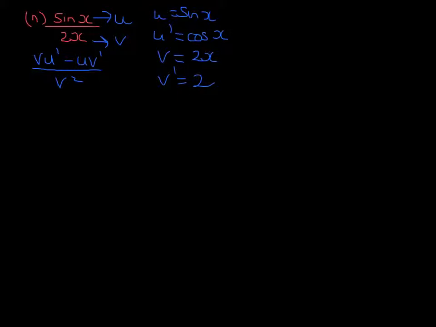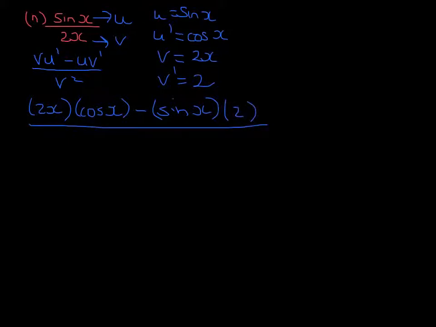And we'll plug it in. We've changed to blue. So we've got 2x, which is v, times u dash, which is cos x, minus sine x is u, and v dash is 2, all over v squared, which is 2x all squared, and keep your brackets. Put them all in brackets, and then the next line simplify.